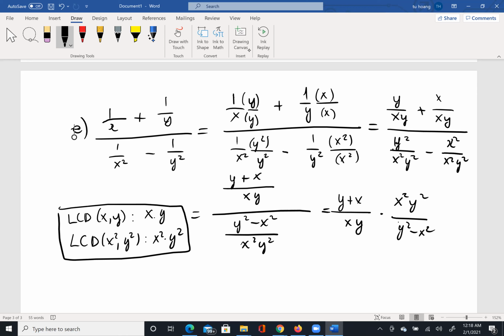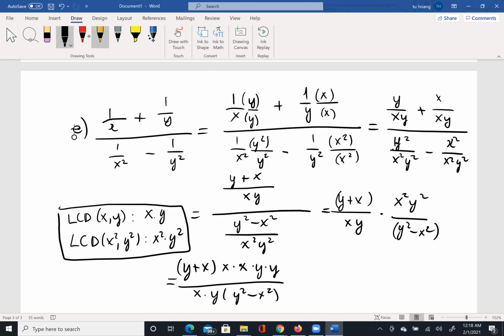Okay, so I'm going to have a parenthesis to make sure you don't have any problem with that. If you try to factor out all of them, you have y plus x times x times y times y on top, and the bottom will be x times y squared minus x squared, and then you just cancel the x here and y here.